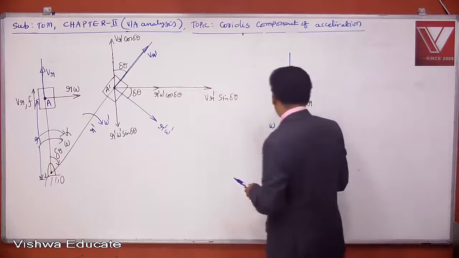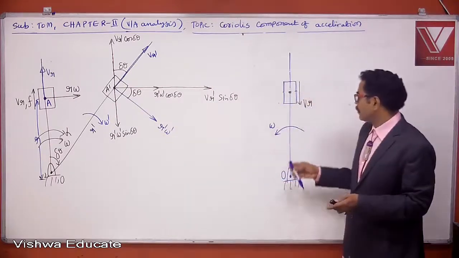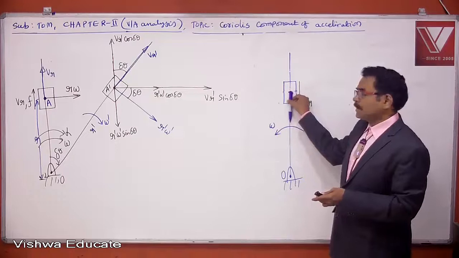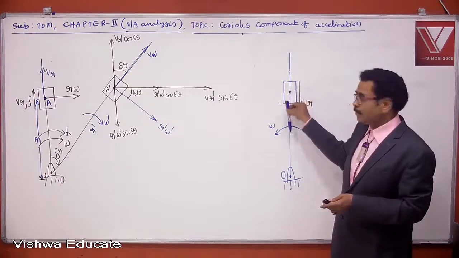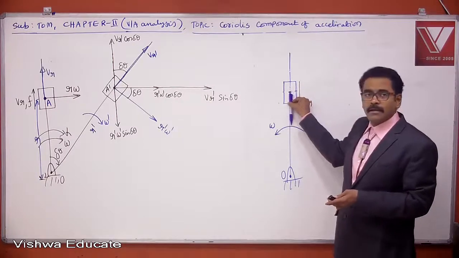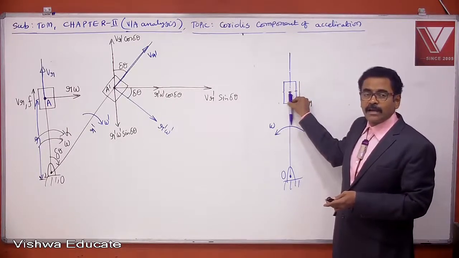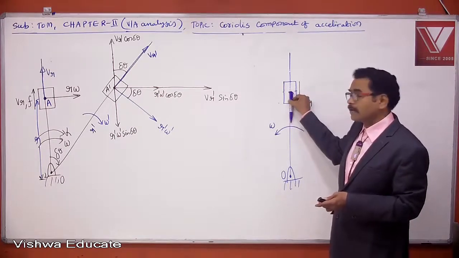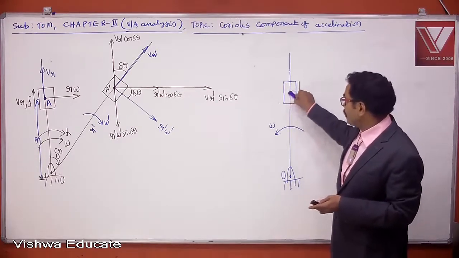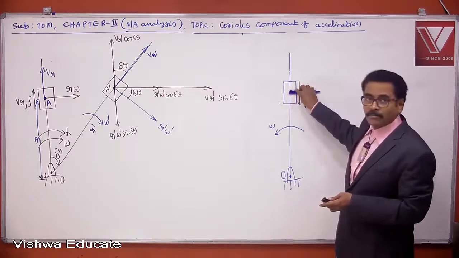So what you do is, put your pen in the direction of VR. Here VR is downward. Then rotate this VR vector by 90 degrees in the direction of omega. What is the direction of omega? Anti-clockwise. So rotate this VR in anti-clockwise direction.